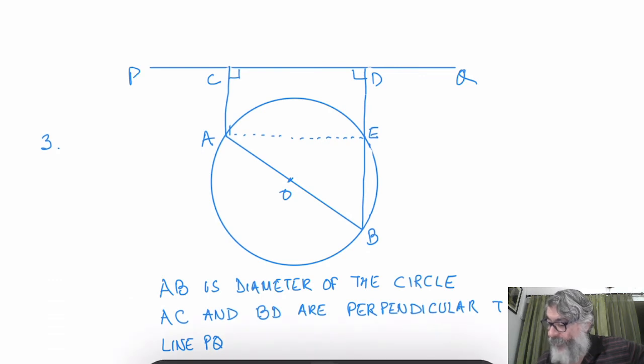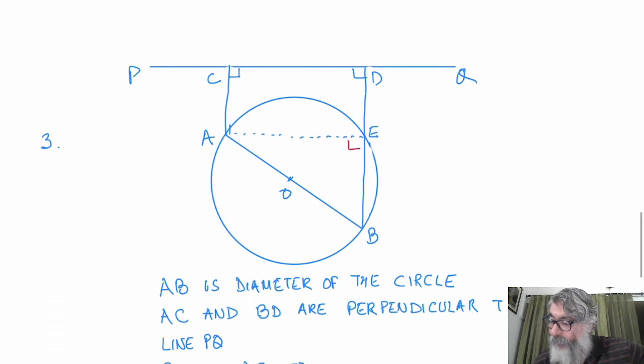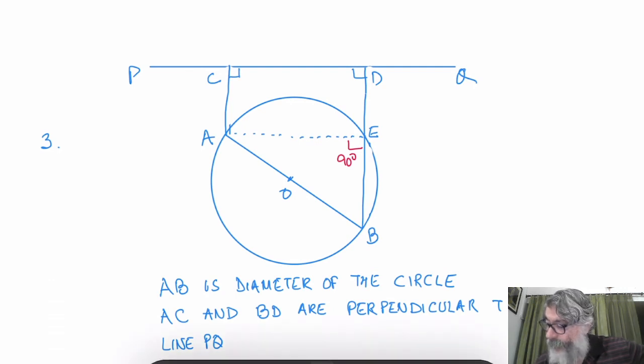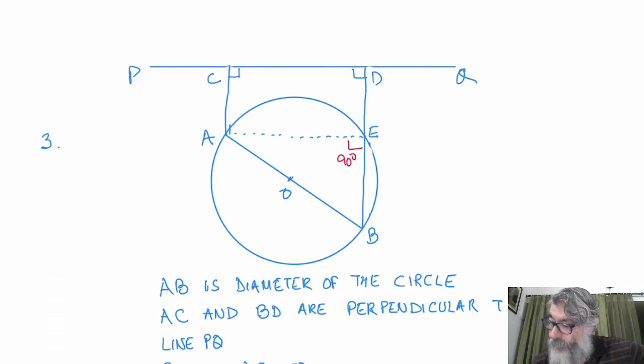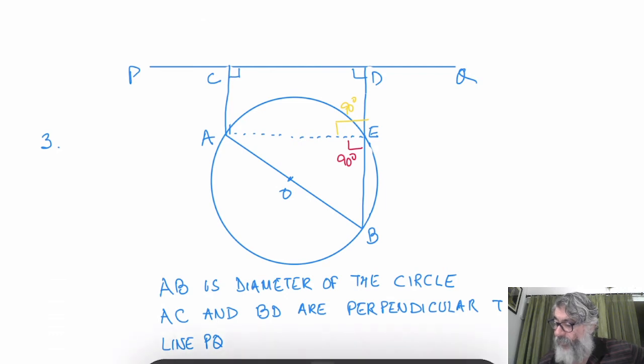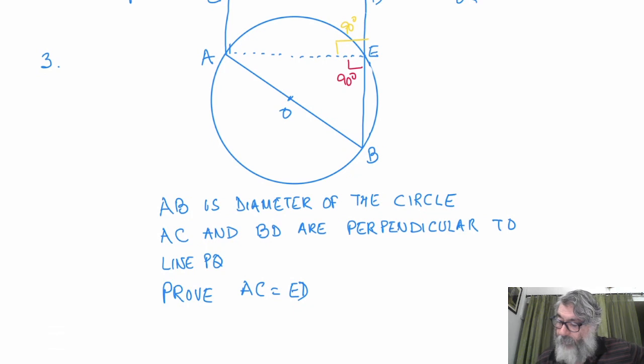Why is angle AEB 90 degrees? Because the angle in a semicircle is always a right angle. And if this is 90 degrees, then this angle will also be 90 degrees, because BED is a straight line. So angle AEB is 90 degrees.